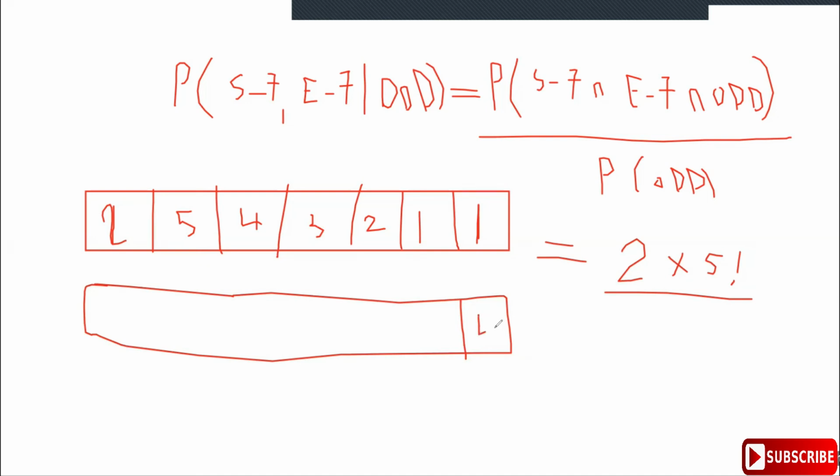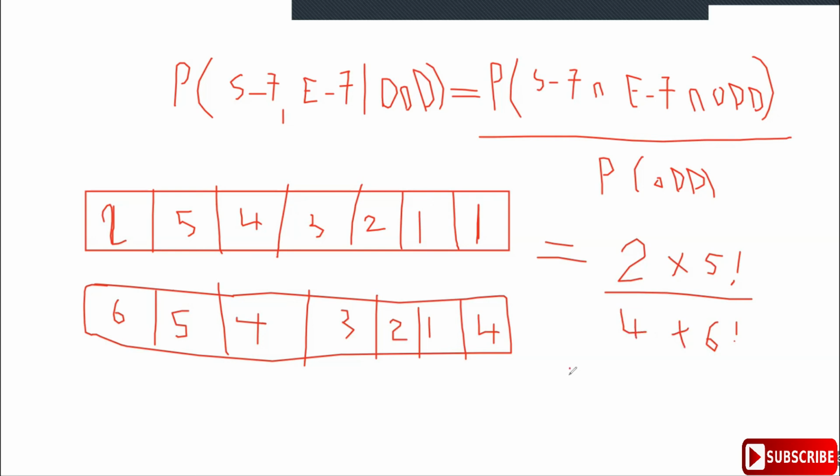So that's 4. And since it's odd, it can start with any other number. There are 6 other numbers, then 5, 4, 3, 2, 1. So that's just going to be divided by 6 factorial times 4.